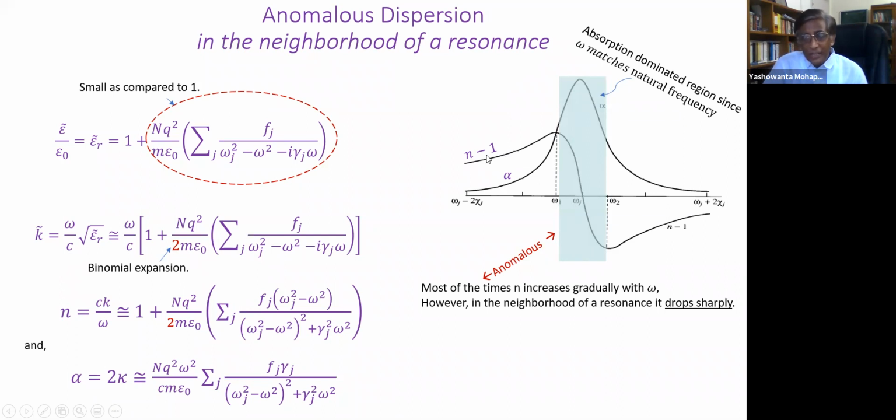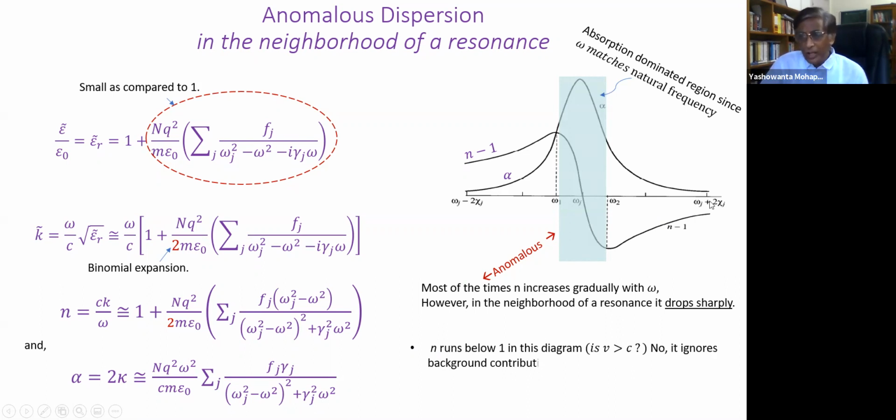Typically n increases, but during the resonance n drops, and that is what is called anomalous dispersion.